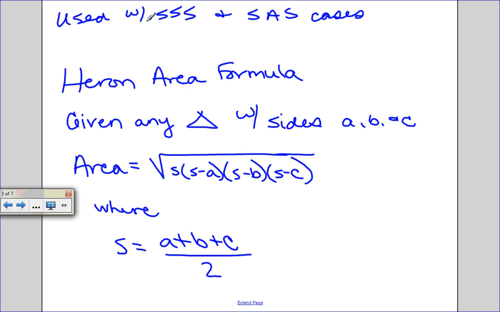On page 404 in the blue boxes, you're going to see different areas for triangles. For an oblique triangle, you're going to use the area formula for the law of sines. And then there's also the Heron's formula right here that you're going to use for the law of cosines.